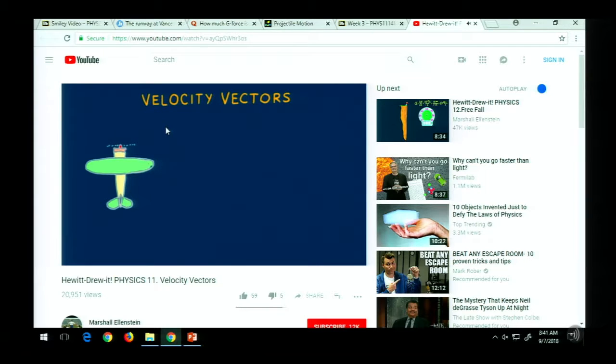So I've posted the ones that kind of make sense. I've got the velocity vector one in here, where he's showing the velocity of an airplane taking off, just like I did with the car. Having somebody else say it sometimes makes more sense. Remember, if your mother tells you that 20 times, you don't listen to your mother. But if your buddy tells you the same thing, you listen to your buddy. Sometimes that works.